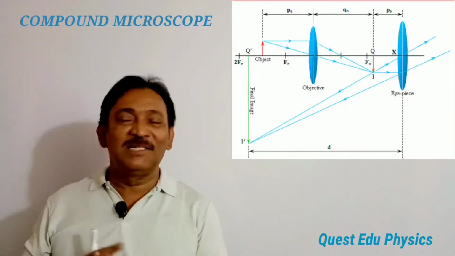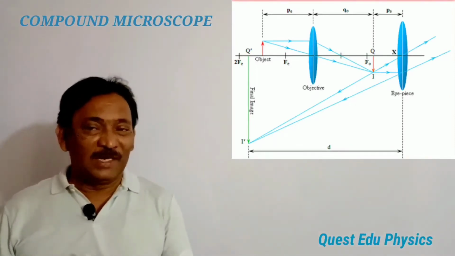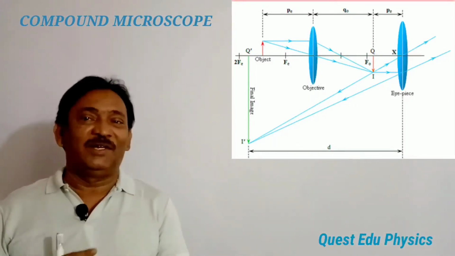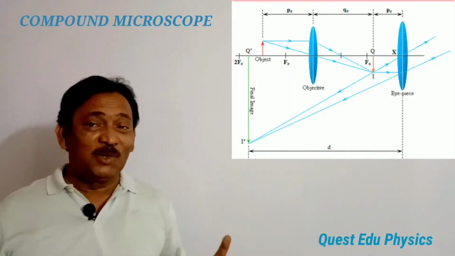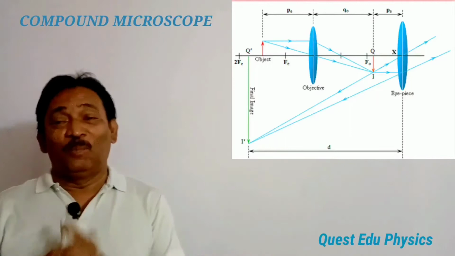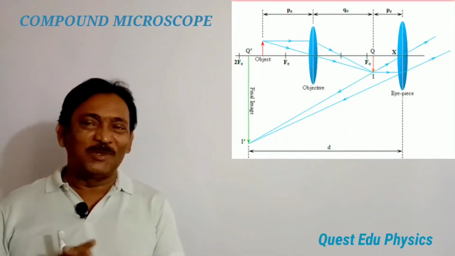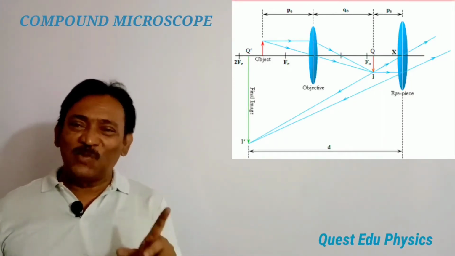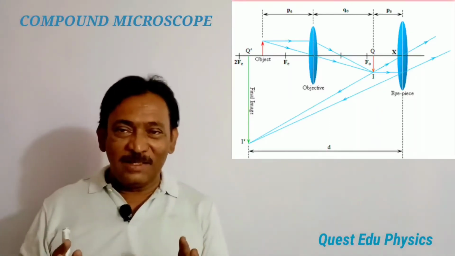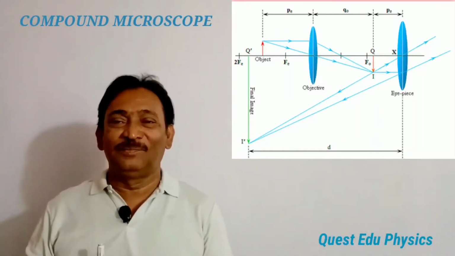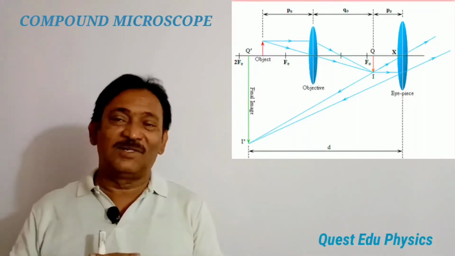One is at least distance of distinct vision and the second is at infinity. Here the question arises: why do we have two positions to get the image? You know about this, students. If the image is found at least distance of distinct vision, it has more intensity. I mean, it has more brightness.